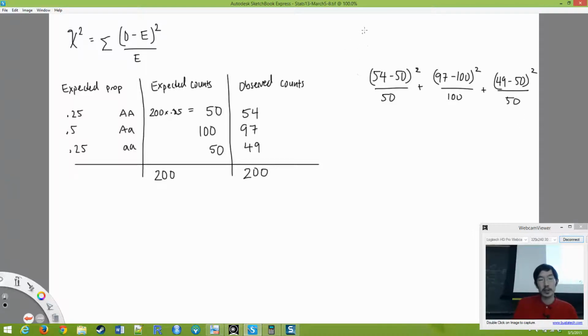Okay, so we're just doing observed minus expected quantity squared over expected, and we're doing that for each of our categories.